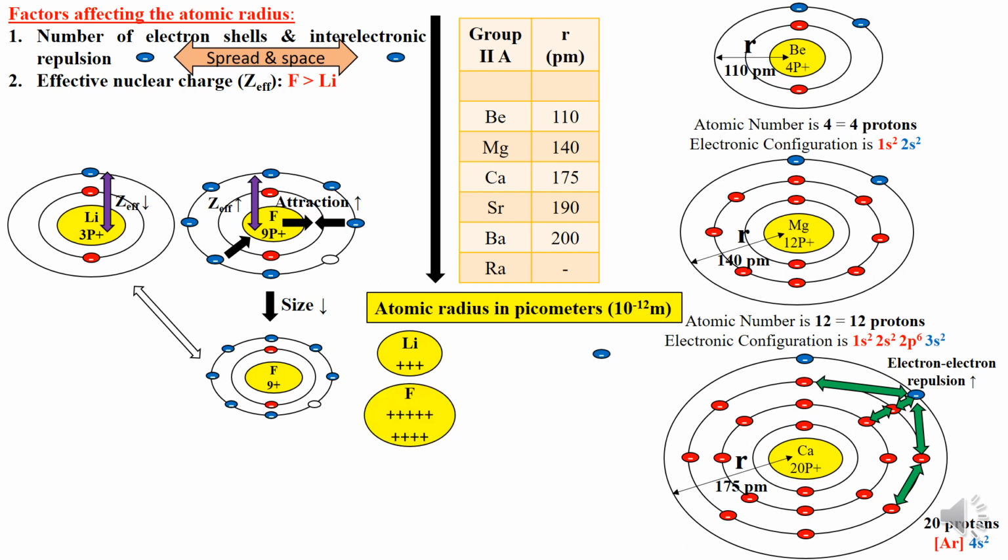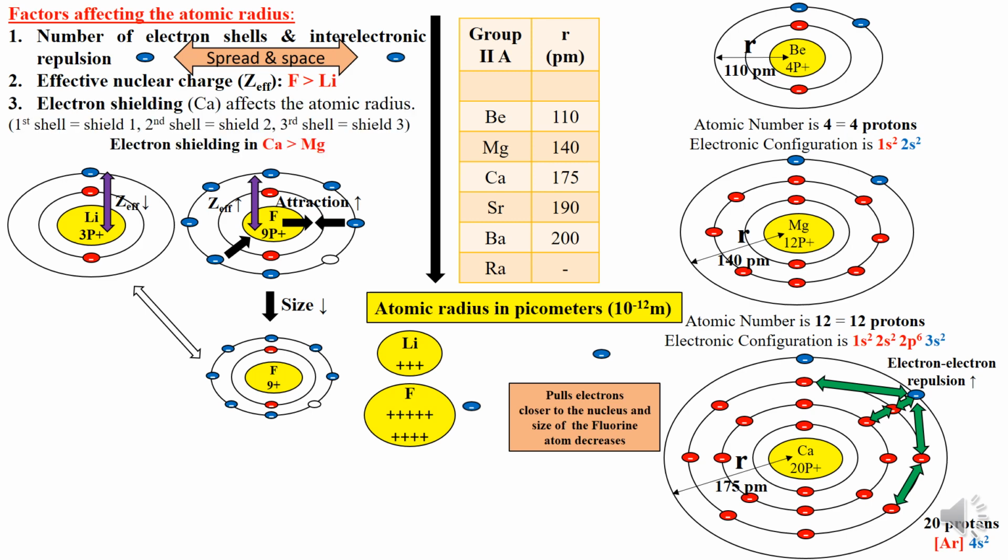Fluorine atom has 9 protons in the nucleus, and the valence electron in case of fluorine atom experiences a strong attractive force, and it pulls the valence electron very close to the nucleus, because the magnitude of positive charge in fluorine is more than lithium. So fluorine pulls the electrons closer to the nucleus and size of the fluorine atom decreases.